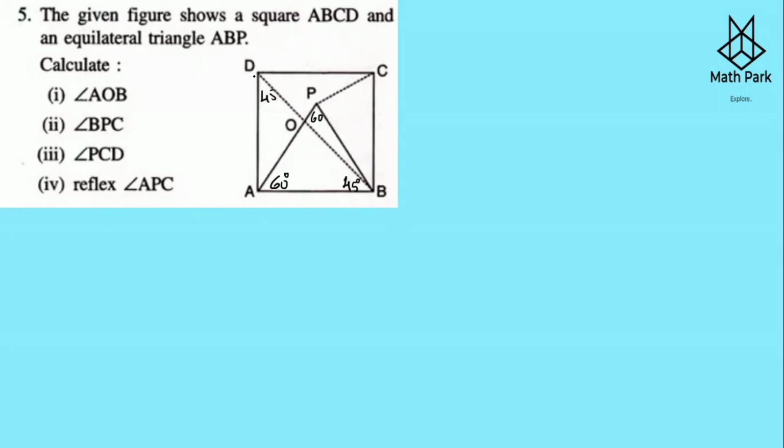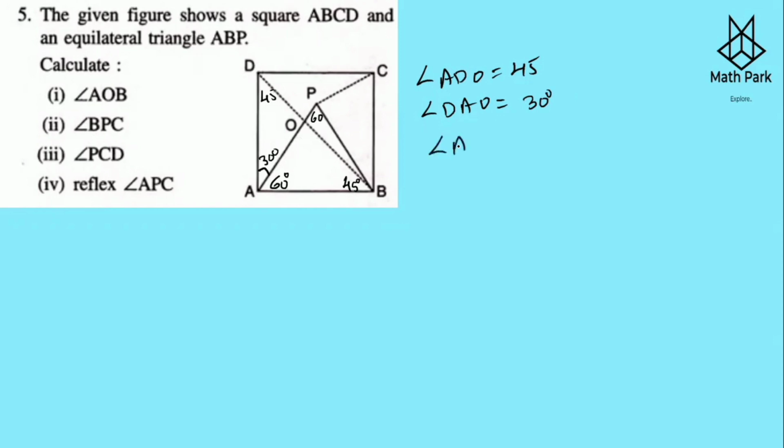Also, since we have written this as 45, we have this angle 30 degrees. So, we have angle ADO is equal to 45 and angle DAO is equal to 30 degrees because each angle of an equilateral triangle is 60. Now, we have to find angle AOB.